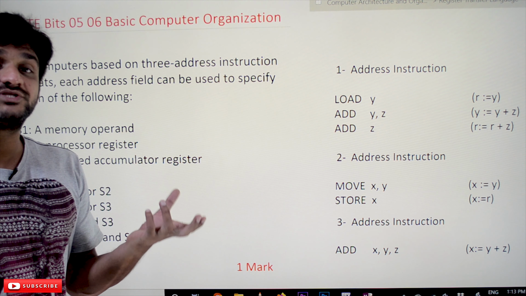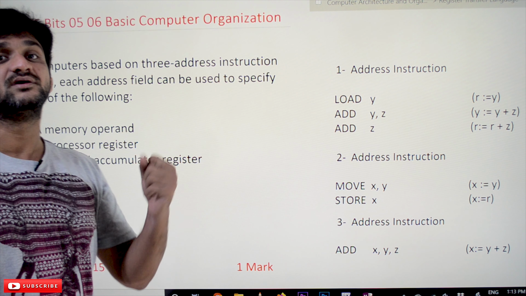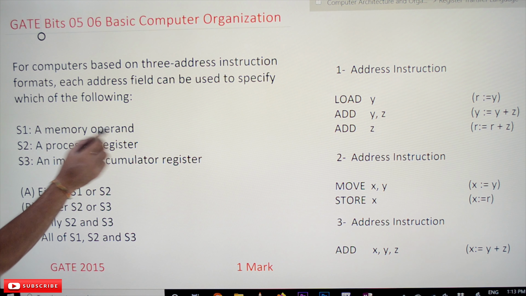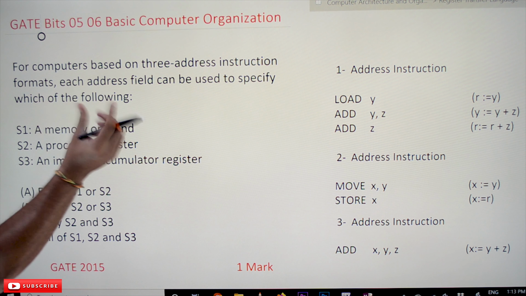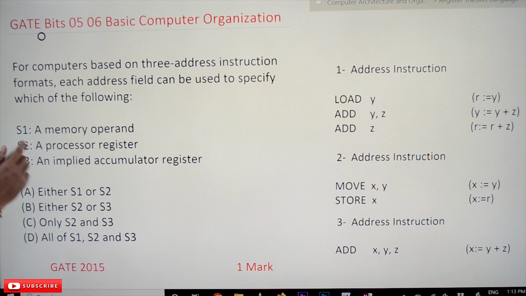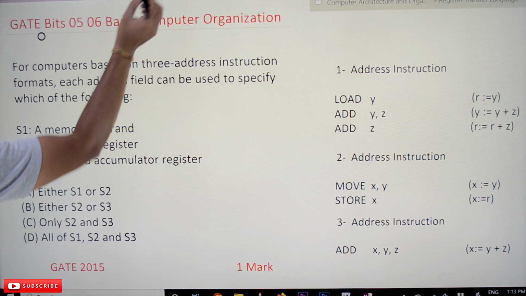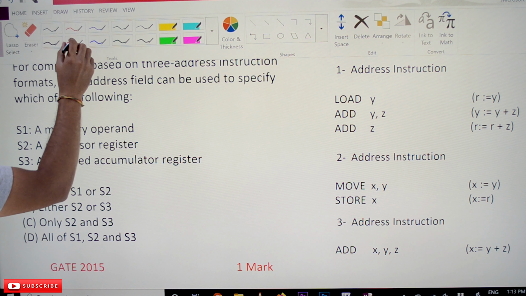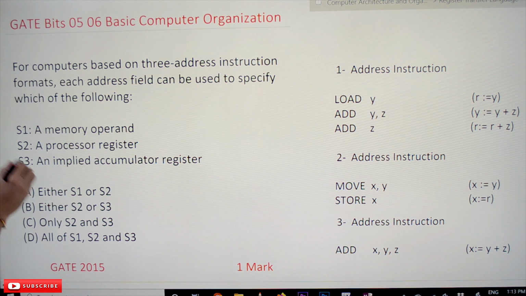So the values that can be assigned for the 3 address instructions can be a memory operand or a processor register address value. So the option is either S1 or S2. The first option is the right option, where S1 or S2 can be specified.